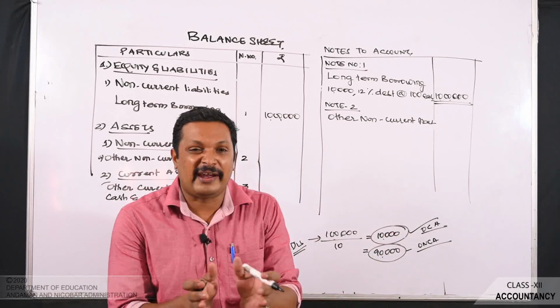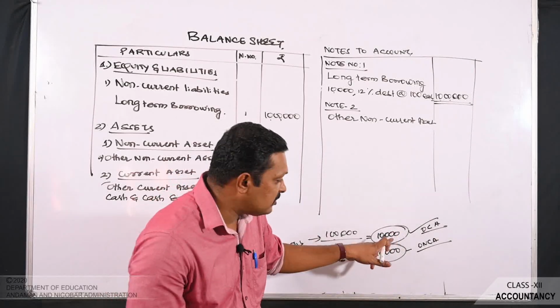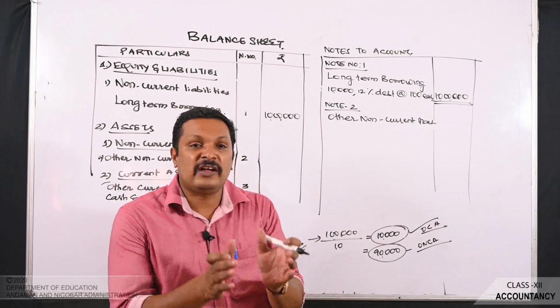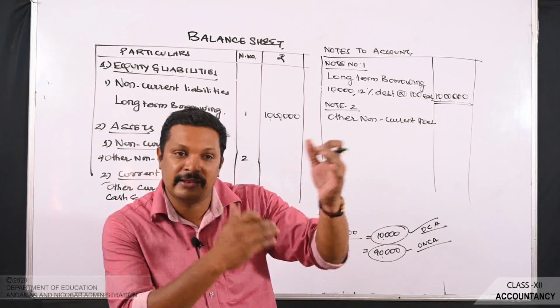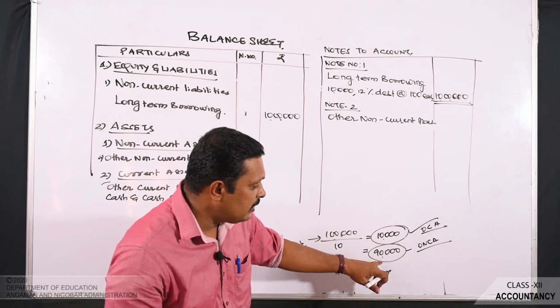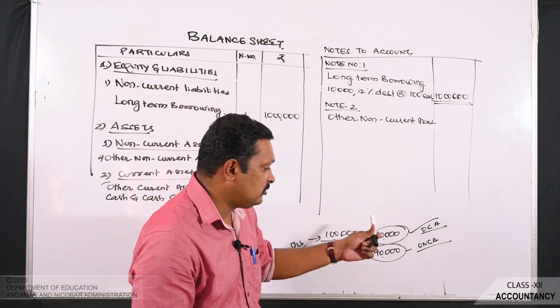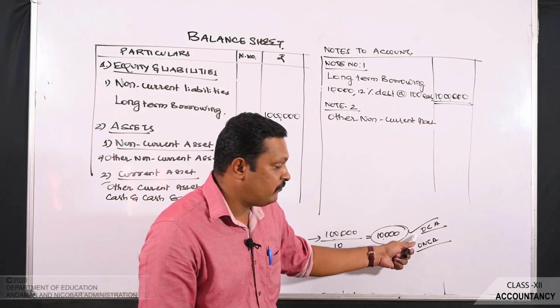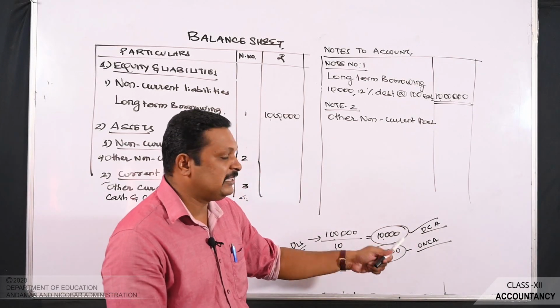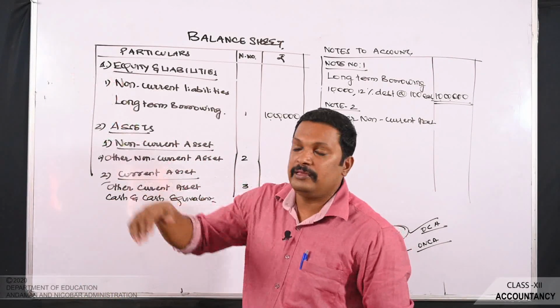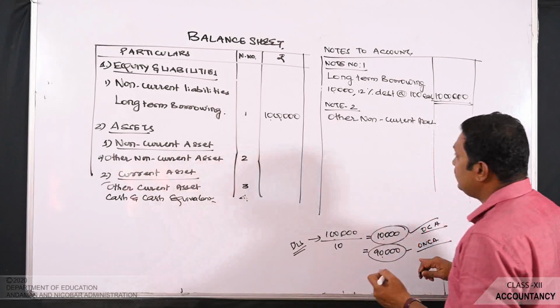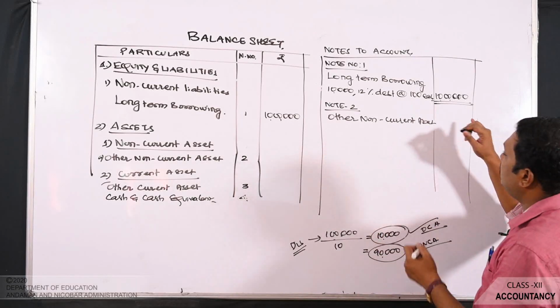The portion that we are going to write off this year, we write in other current asset. What we do not write off, we will do next year, that amount will be in other non-current asset. So out of 1 lakh, 10,000 is written off this year and the balance amount 90,000 will be written off in the coming year.